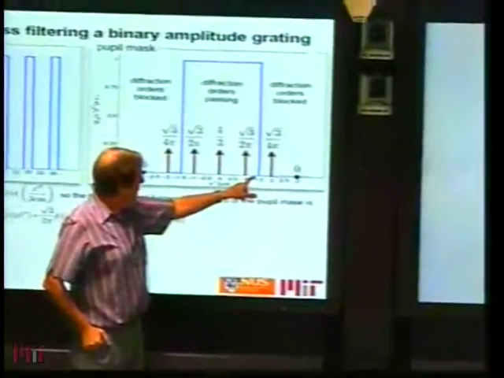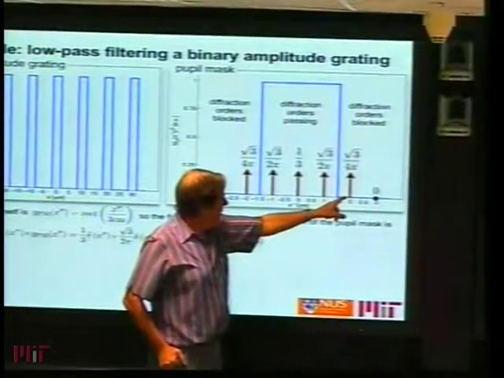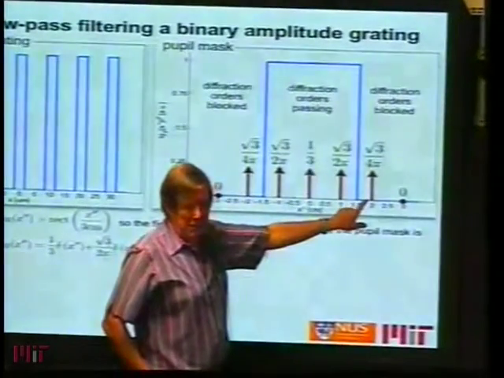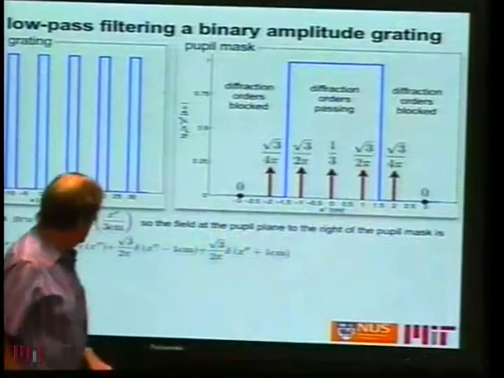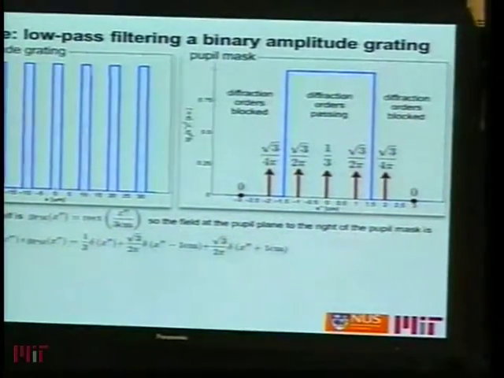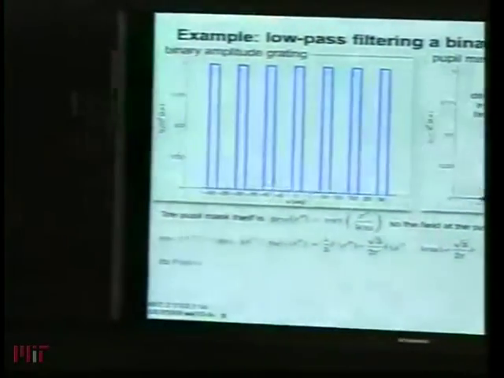Okay, so we've got to then multiply that by the size of the mask. As it shows here, the mask goes from minus 1.5 centimeters to plus 1.5 centimeters, which means that this grating component, which is at 2 centimeters, doesn't get through. So that's what gets through the aperture.